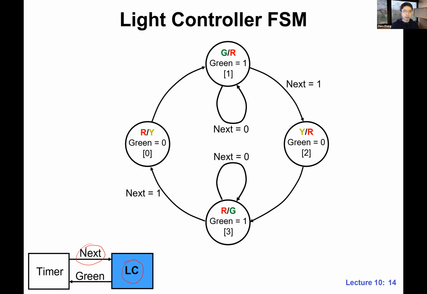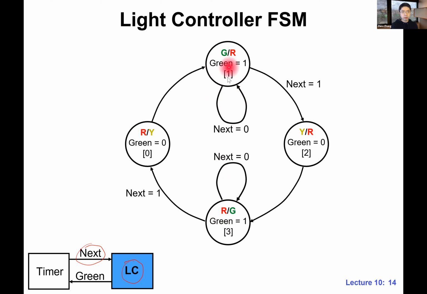This is where the timer says that you need to advance to the next scenario if it's 1. Looking at this state machine, we have 4 states, 4 scenarios. We have 2 green states, GR and RG.